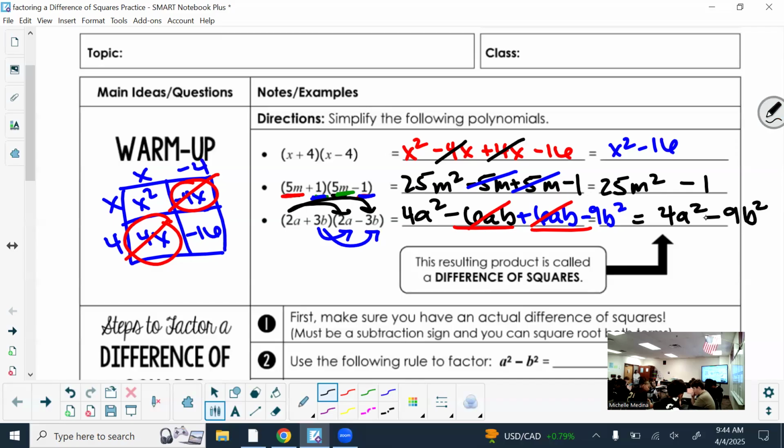Luckily, because we're dealing with quadratics on the test, it probably won't go much higher than something squared. But notice what each of these 3 problems have in common. What happened in every single one?